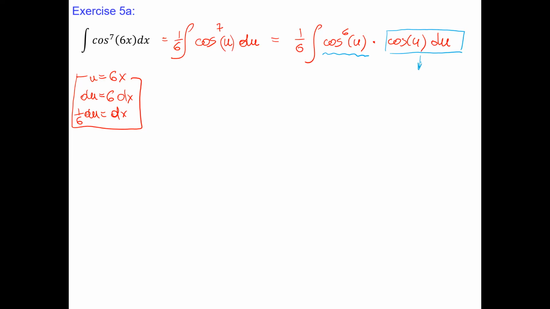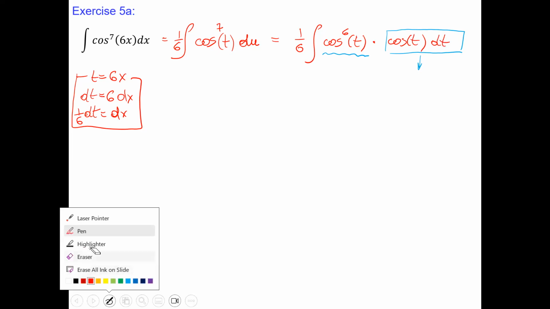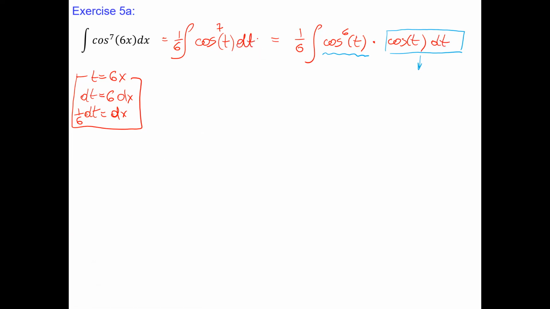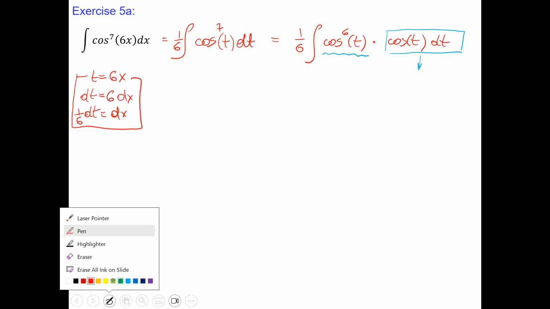Actually, let's just change the variable. Let's say t substitution, because we will have another dt. That means this will be cosine of t, cosine of t, cosine of t, dt. Now we will use the u substitution.